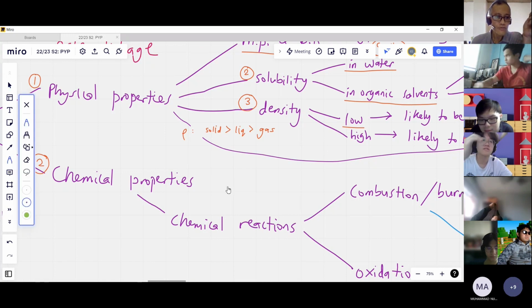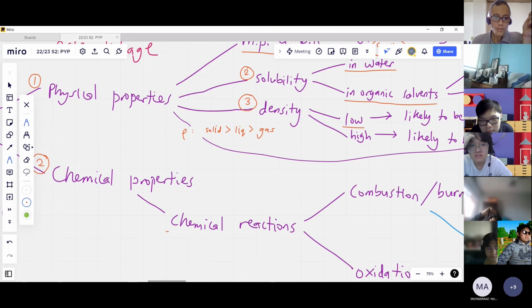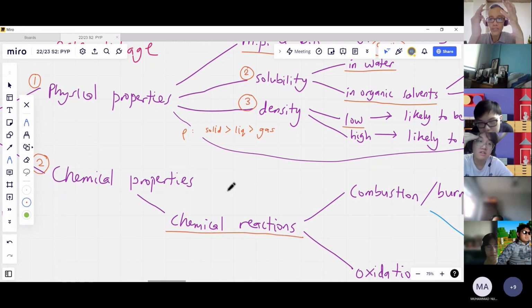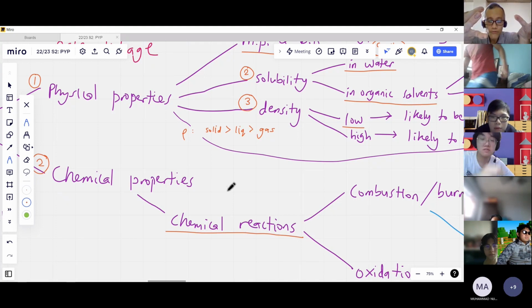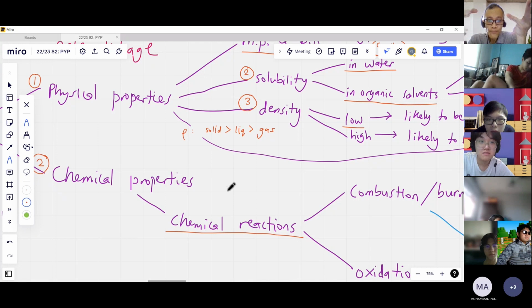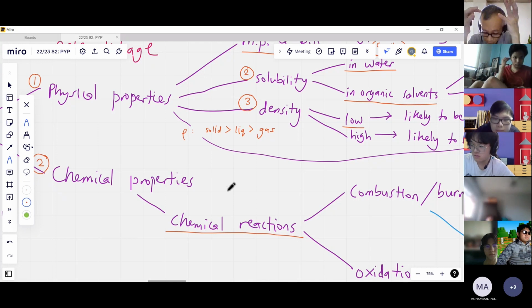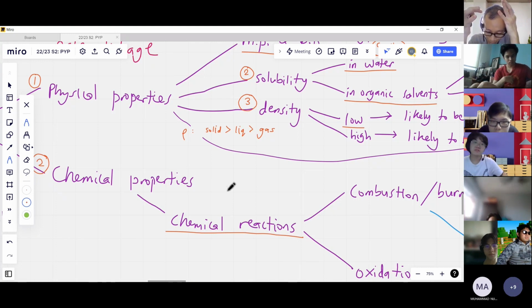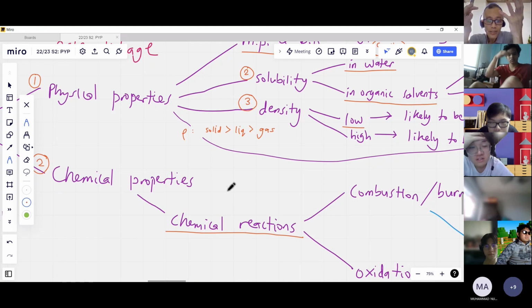Chemical properties refer to chemical reactions. Okay, what are the chemical reactions for, let's say, alcohol or carboxylic acids? So guys, do remember, might as well do it right now. Chemical properties refer to the chemical reactions a substance can undergo.